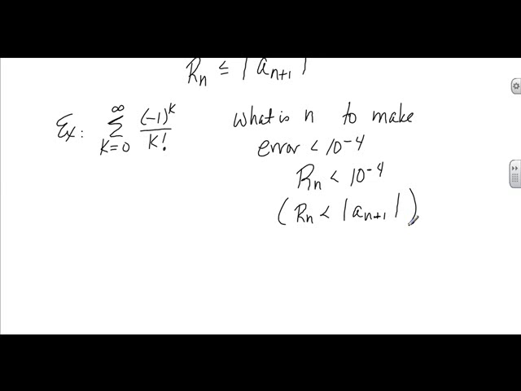So if we start at 0, we'll have negative 1 to the 0 power, that's 1, over 0 factorial, that's 1. And that's what we get if n starts at 0. Then the next term is negative 1 to the first power over 1 factorial. And then the next term is negative 1 to the second power over 2 factorial. And then we'd have minus 1 over 3 factorial, and so on and so on.